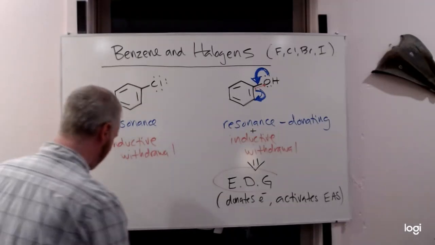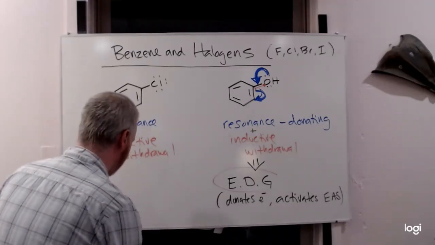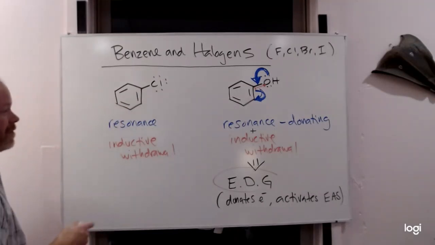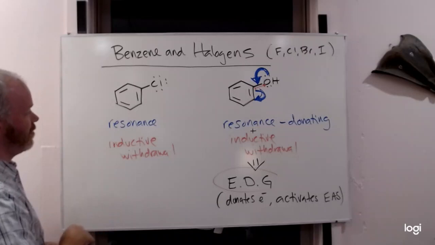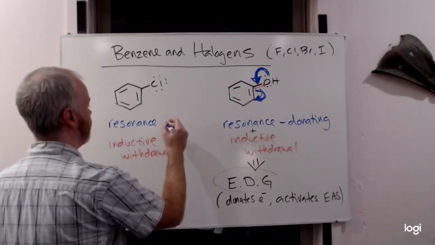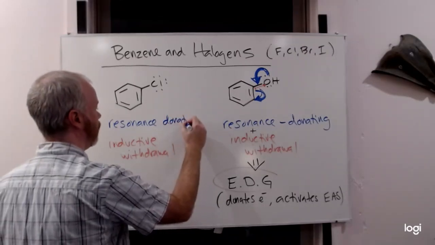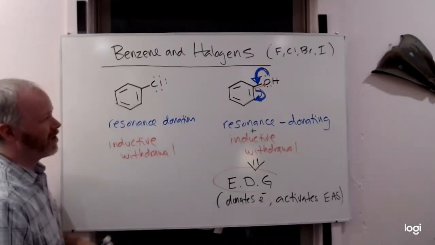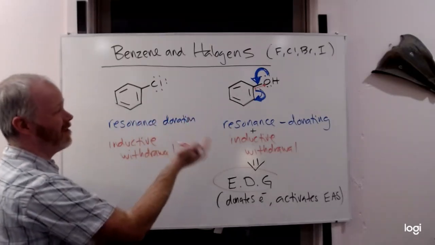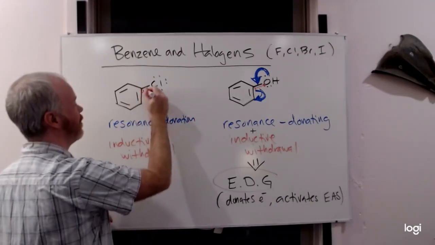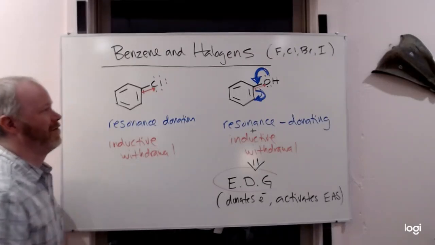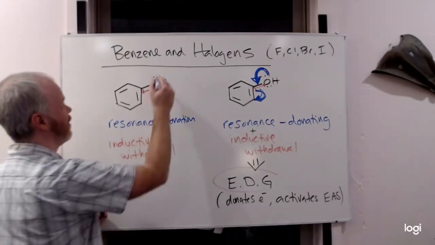Our halogens mostly are considered electron withdrawers, right? So we've got resonance donation. We have inductive withdrawal. The inductive withdrawal shouldn't be too different. The electronegativities in chlorine and oxygen are pretty similar. So that must mean the resonance is weaker, and that's definitely the case.